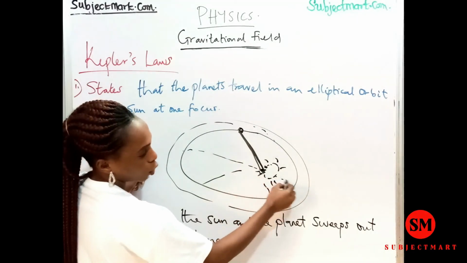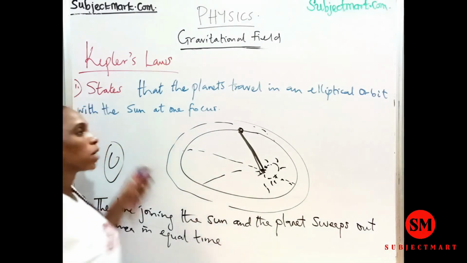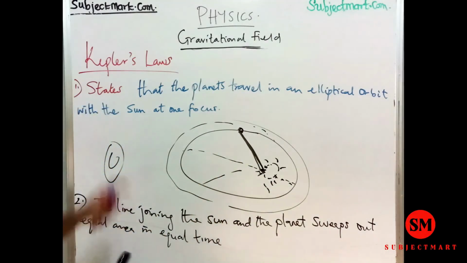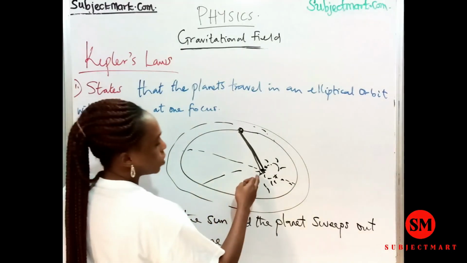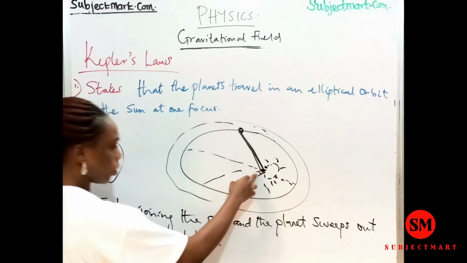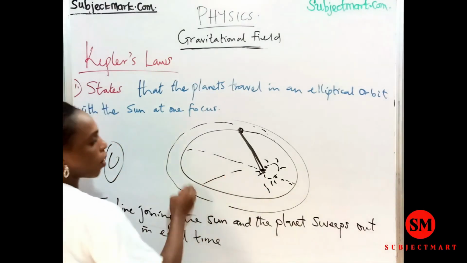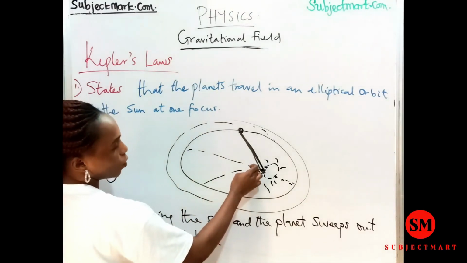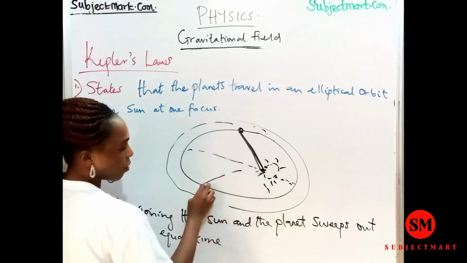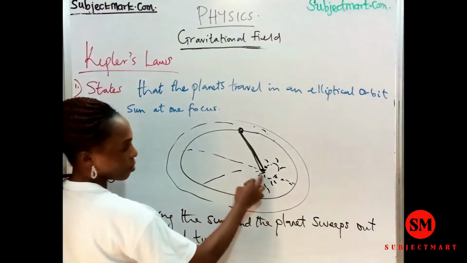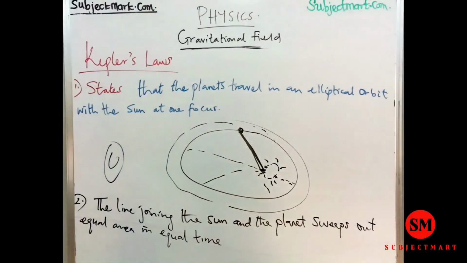What I will obtain here should be shorter compared to what I will obtain here. But according to this law, because of the elliptical orbit, the line joining the sun and the planet sweeps out equal area in equal time. The distance from here to here is the same as the distance from here to here, the same as from here to here, and it keeps going like that.